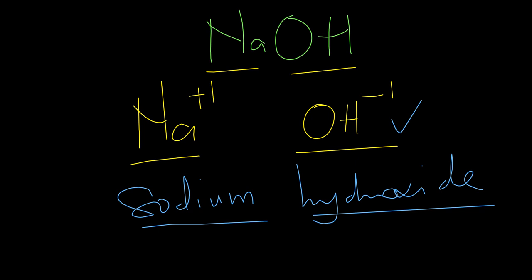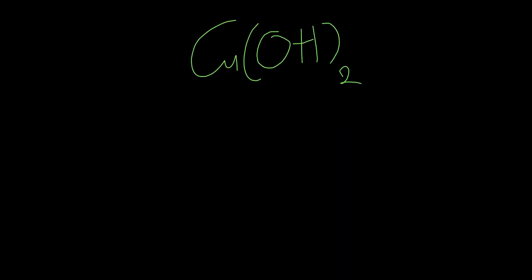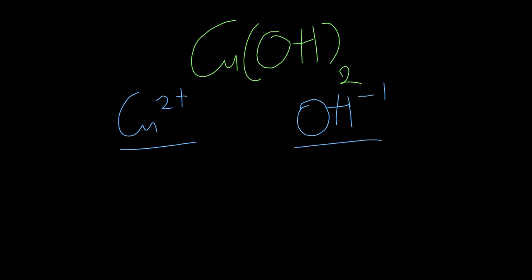We have this example. Here we have copper +2 combined with hydroxide, which is -1. So we name our copper and we name our hydroxide. So let's start. So that will be copper. Copper, we know, is one of the elements with variable oxidation state.